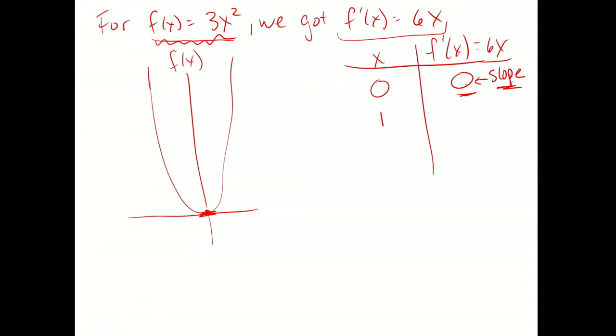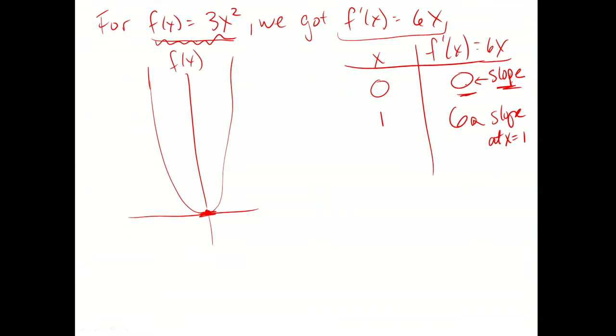So let's try maybe x equals 1. At x equals 1, if I plug 1 into the derivative 6x, I get 6. So the slope at x equals 1 should be 6. Well, 6 is uphill, it's positive, and it's a reasonably large number.